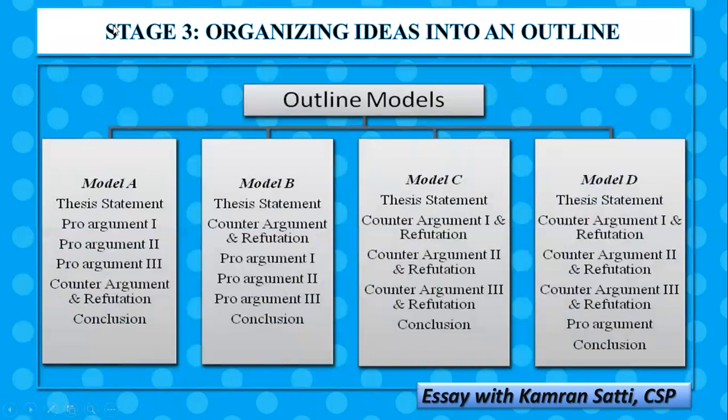You are justifying your claim by giving the examiner a two pronged approach. First you tell him why I am right, and then why potentially opposing arguments are wrong, and then you conclude right after that. So this is the model which I would recommend. Of course you can use any model.